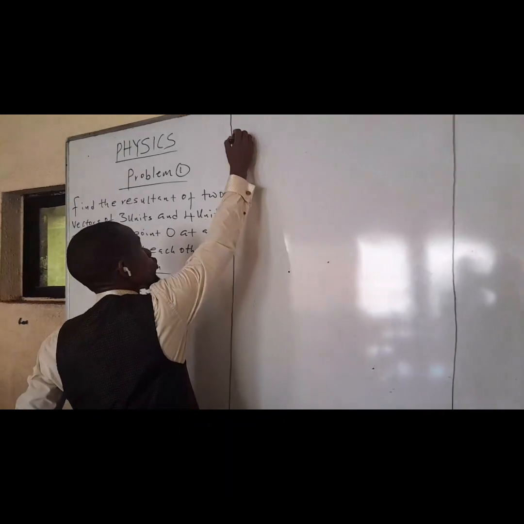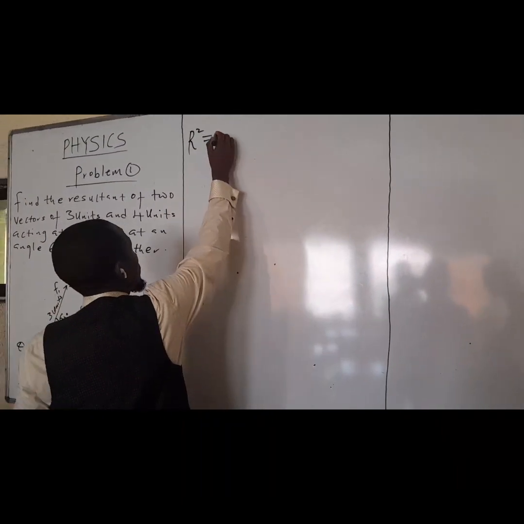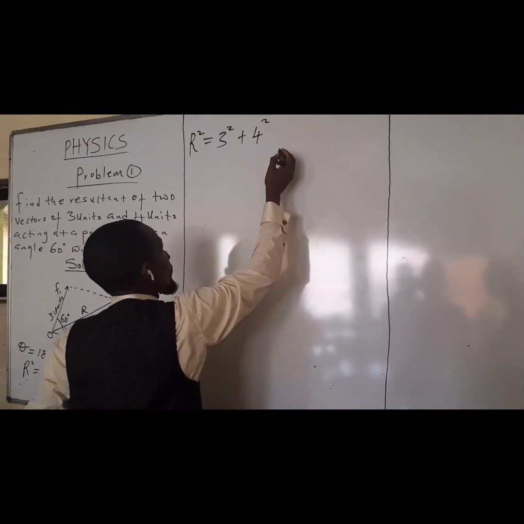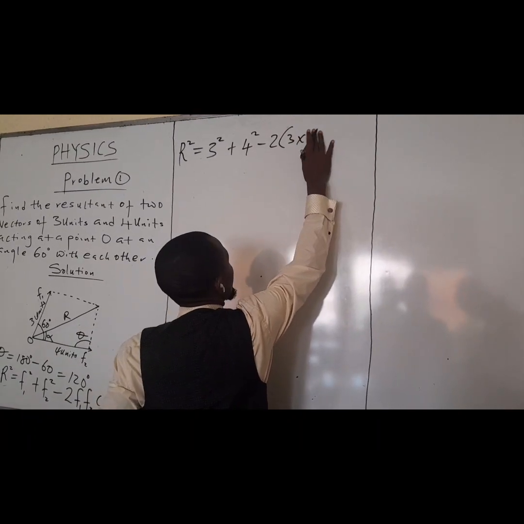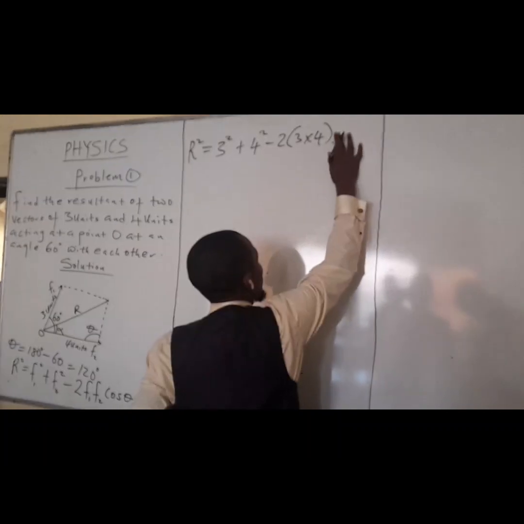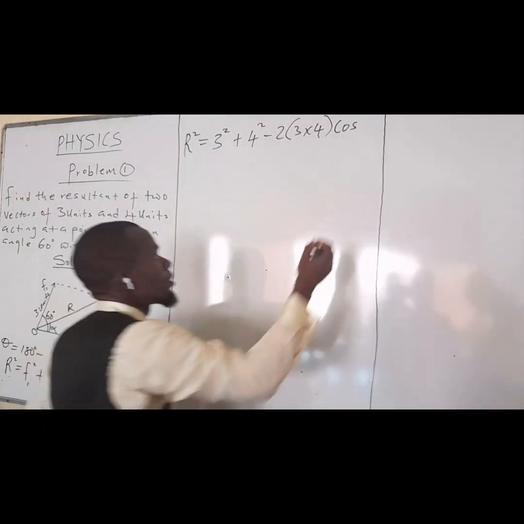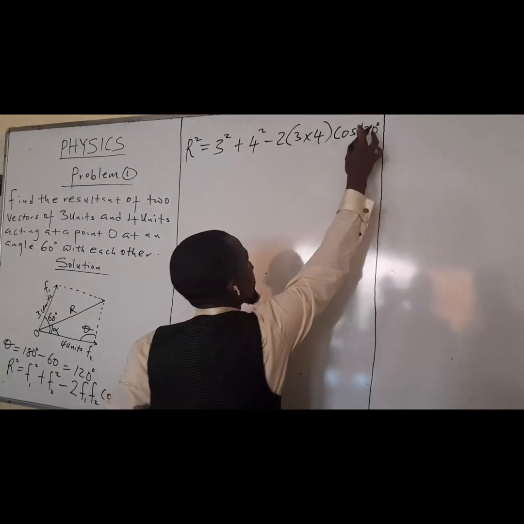So my R squared is equal to 3 squared, since F1 is 3 units, plus 4 squared, since F2 is 4, minus 2 open bracket 3 times 4 times cos theta. My theta is 120 degrees. Right?